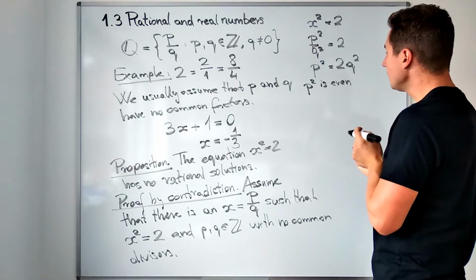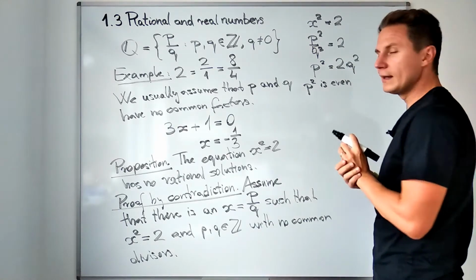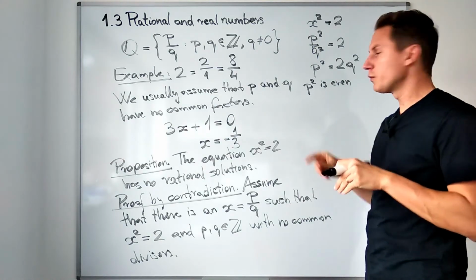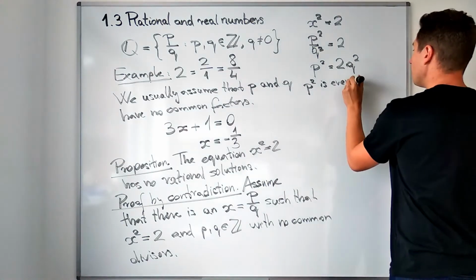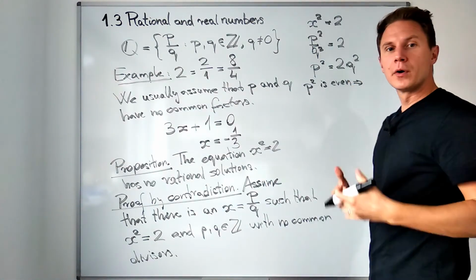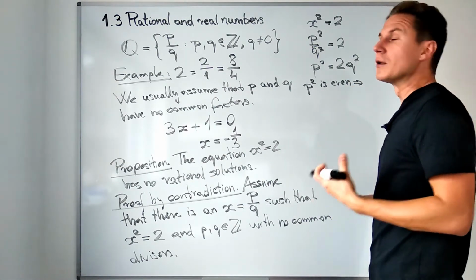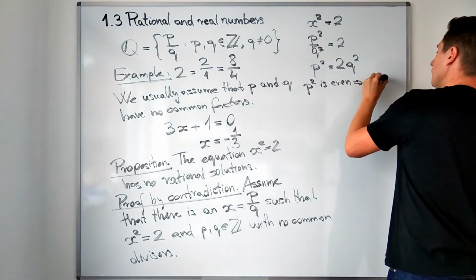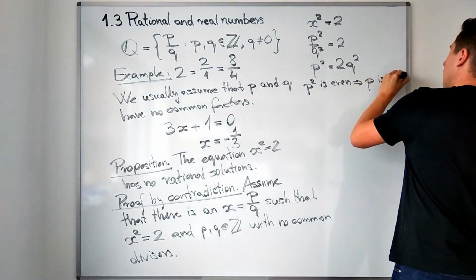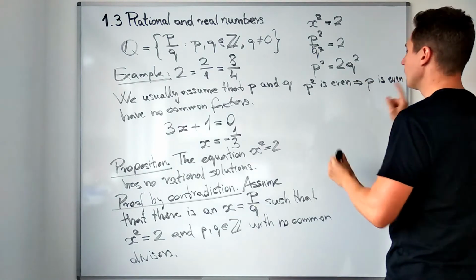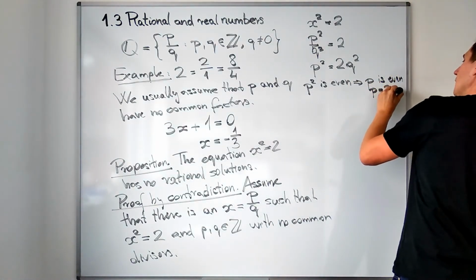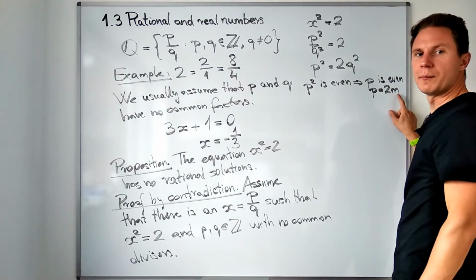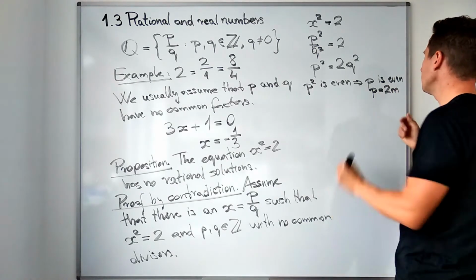But that can only happen if p itself was an even number, because an odd number multiplied by itself results in an odd number, so p must be even. But if p is even, that's the same thing as saying it's twice some integer, so p equals 2m, where m is some integer.